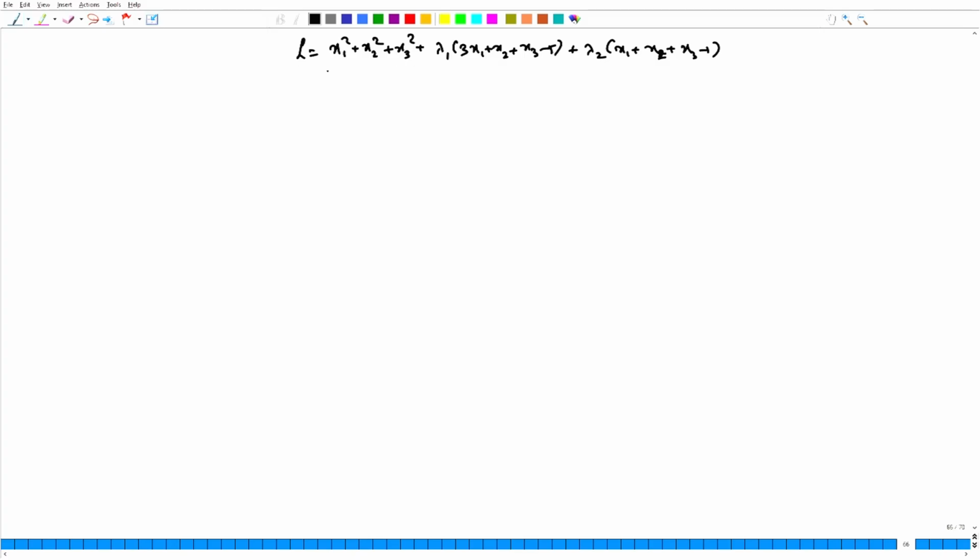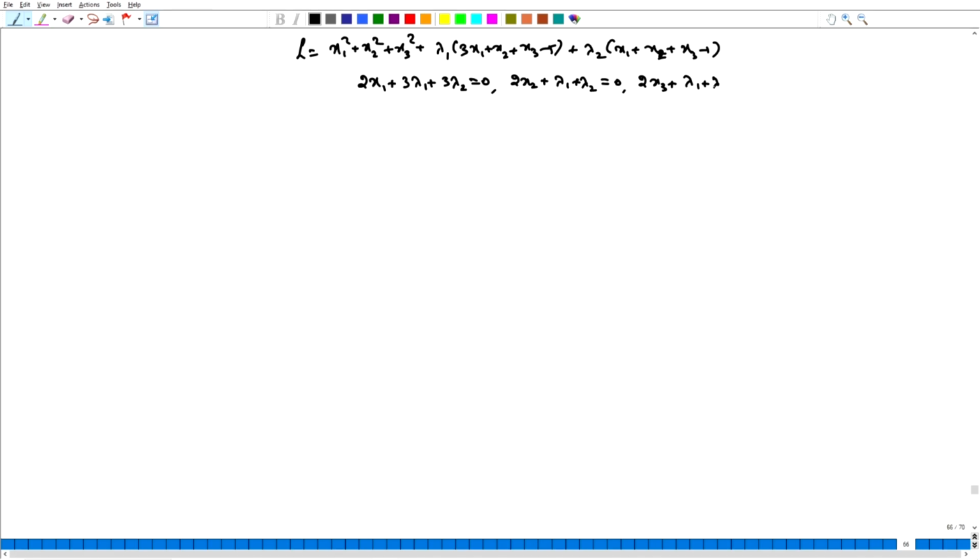When you differentiate with respect to x1, you have 2x1 plus 3 lambda1 plus 3 lambda2 equal to 0, 2x2 plus lambda1 plus lambda2 equal to 0, and 2x3 plus lambda1 plus lambda2 equal to 0. And of course, these two constraints: 3x1 plus x2 plus x3 is 5 and x1 plus x2 plus x3 equal to 1. Okay. So, you have 5 equations and 5 unknowns.